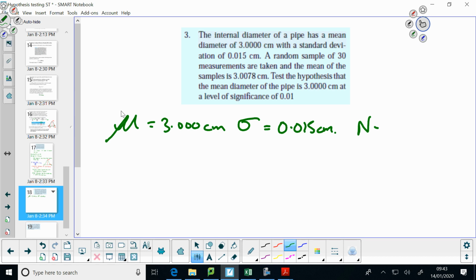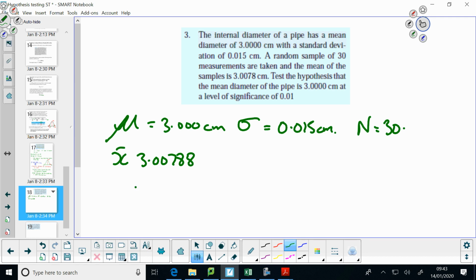Sample size n is 30, which is okay, there's 30 or more in this method. Measurements are taken, and the mean of the sample is 3.0078. Test the hypothesis that the mean diameter of the pipe was 3 centimeters at the level of significance of 0.01.